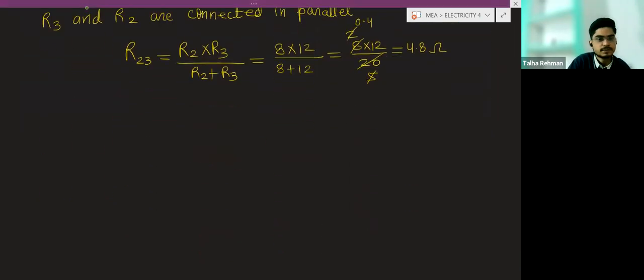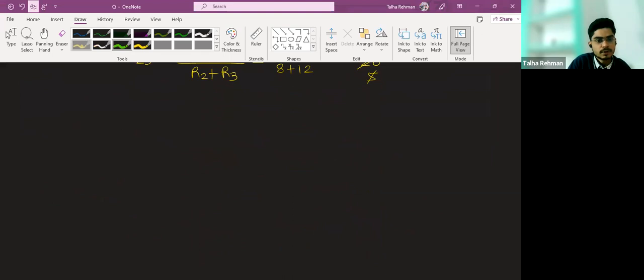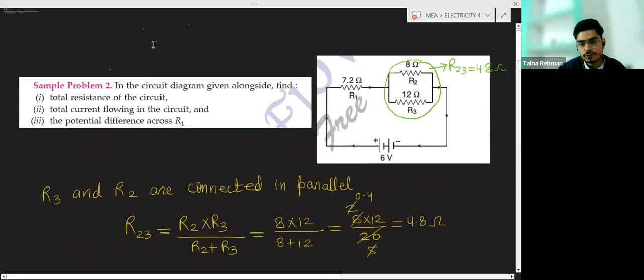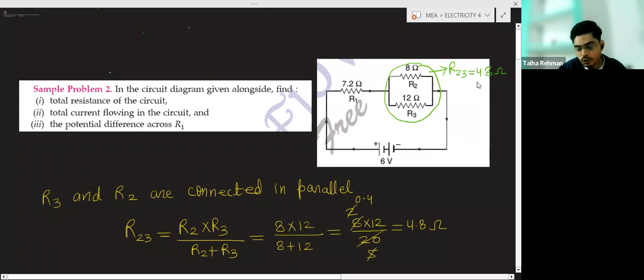So this R23 and R1 are connected in series. So the equivalent resistance of this and this will be 7.2 plus 4.8.